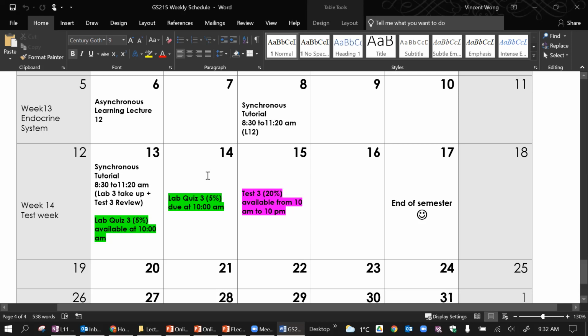He probably will do the same, but he will announce it maybe later. That way you can choose to do the test in the order that makes sense to you. Some people are better at chemistry, so they might want to do that first and then leave the anatomy for the 15th. Some people are better in anatomy than chemistry, so they might want to do it in the backwards order. I will make the official announcement later on in week 13.